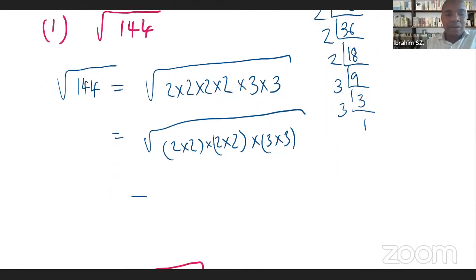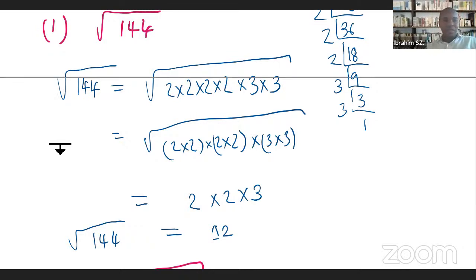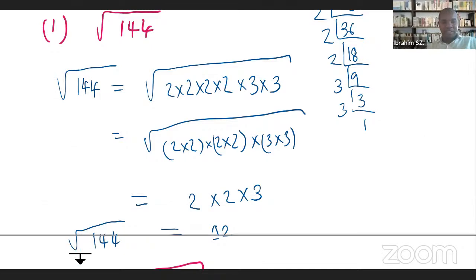So you break it down, utapata 2 times 2 times 3, and eventually you get 12. Mnajua obvious kwamba square root ya 144 manake ni 12. Kubwa zaidi ni kuelewa concept behind the grouping of those prime factors.